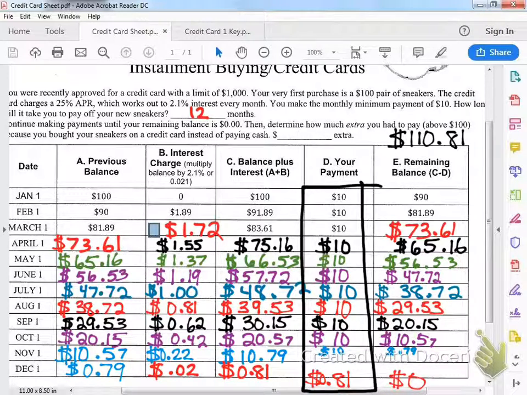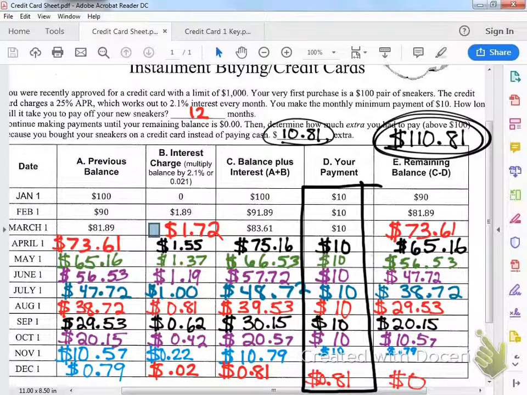So how much of this is extra above the $100 that the shoes cost? How much above 100 is that number? $10.81. So you paid an extra $10.81 just to the credit card company in interest payments.